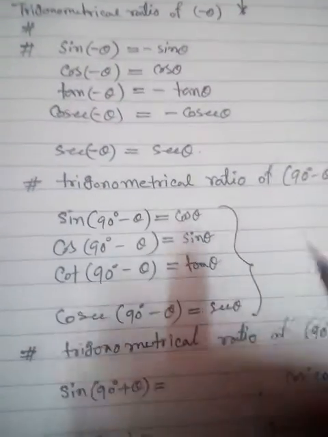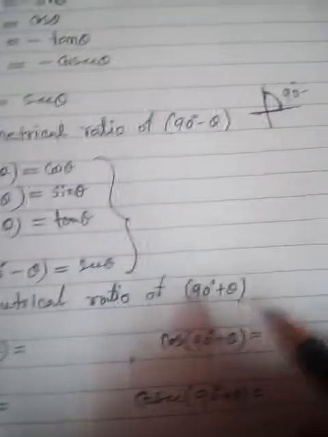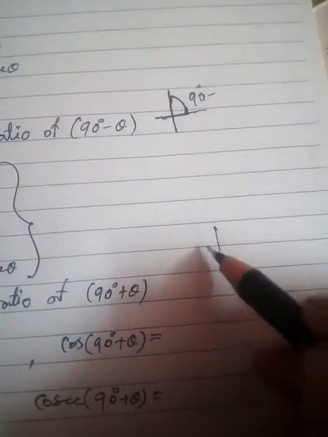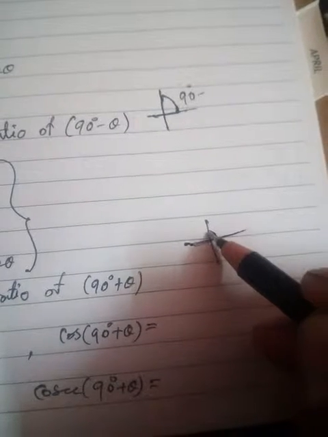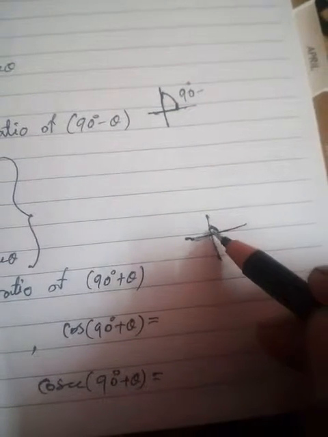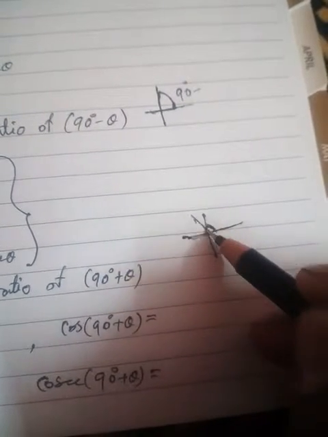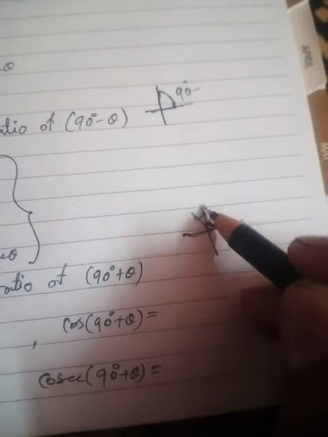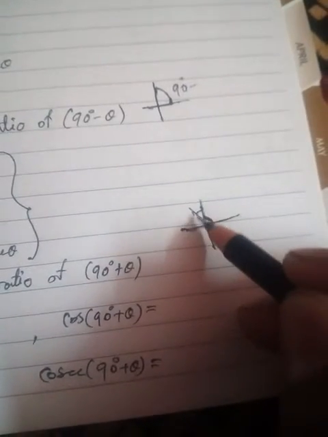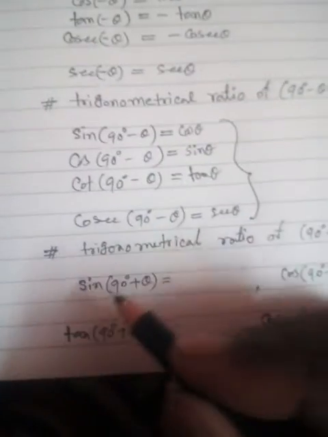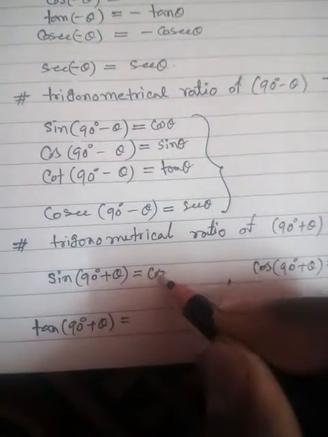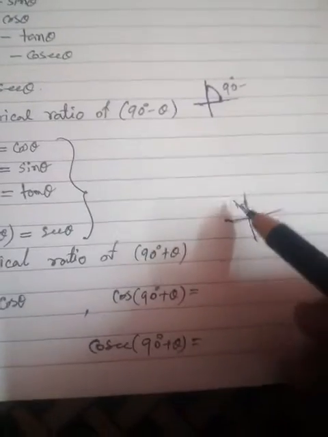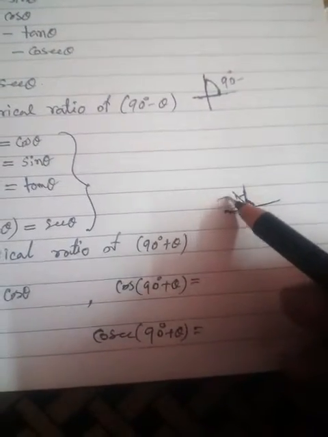Now let's see the trigonometrical ratios for 90 degree plus theta. In this case it is 90 degree plus theta, that means this angle will not be situated in the first quadrant, it will be situated in the second quadrant. So sin of 90 degree plus theta will be cos theta, because in the second quadrant the value of sin theta will be positive.